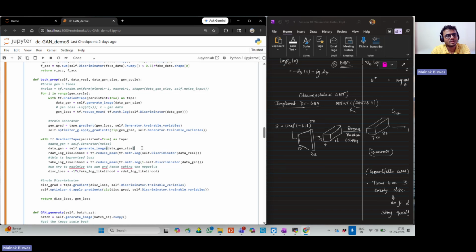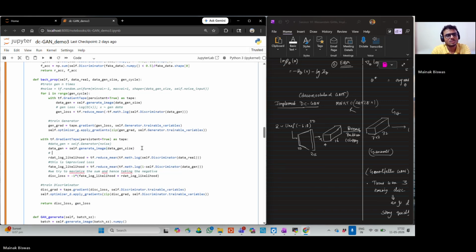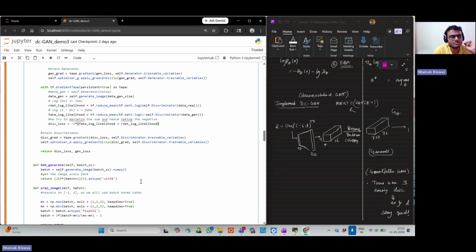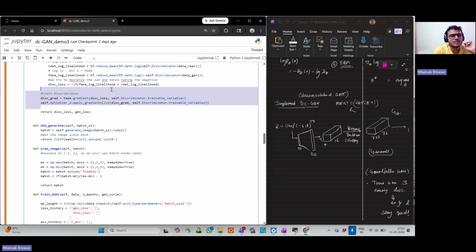You can see this loss is nothing but log of D(x), x from real, and this is not the improvised log, this is the log of 1 minus D(x), x from fake. That's what I'm doing. I'm going to make it negative because I want to maximize it, so I minimize the loss. I want to update the gradients.